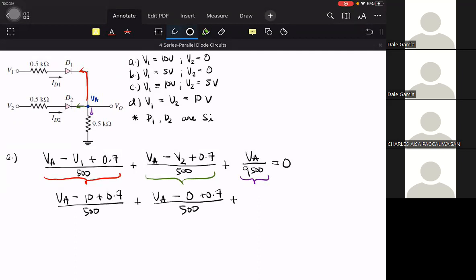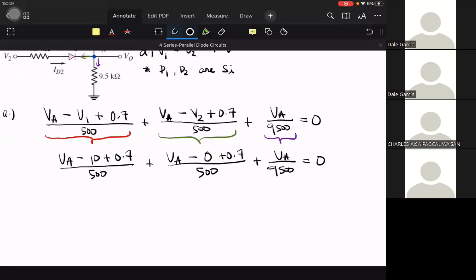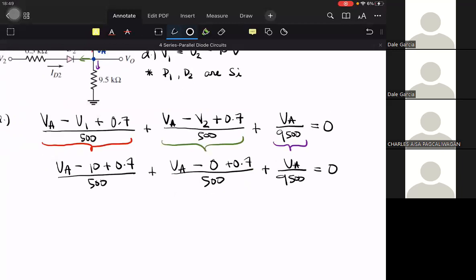Notice ang assume ko nga si D1 o D2 kay forward bias. So shift solve, kabalo mo shift solve sa inyong calculator? Plus si VA. How much is VA? Type daw sa chat kung kabalo mo shift solve. So one equation, one unknown na niya, si VA ra.